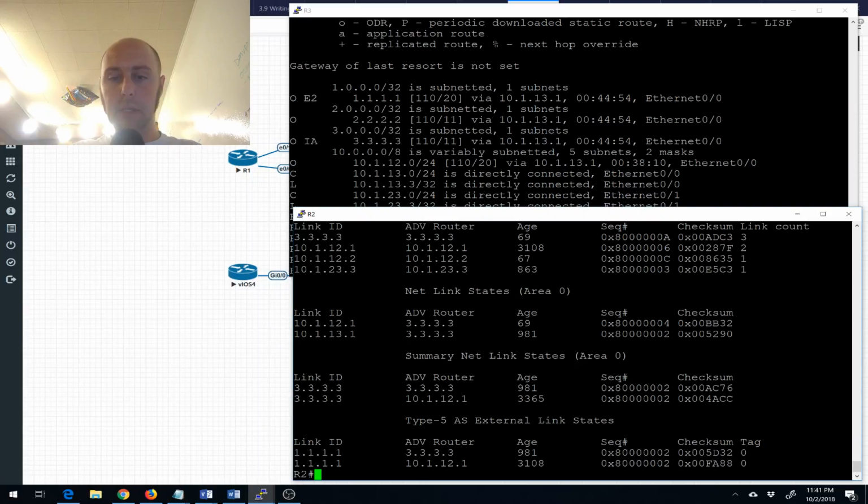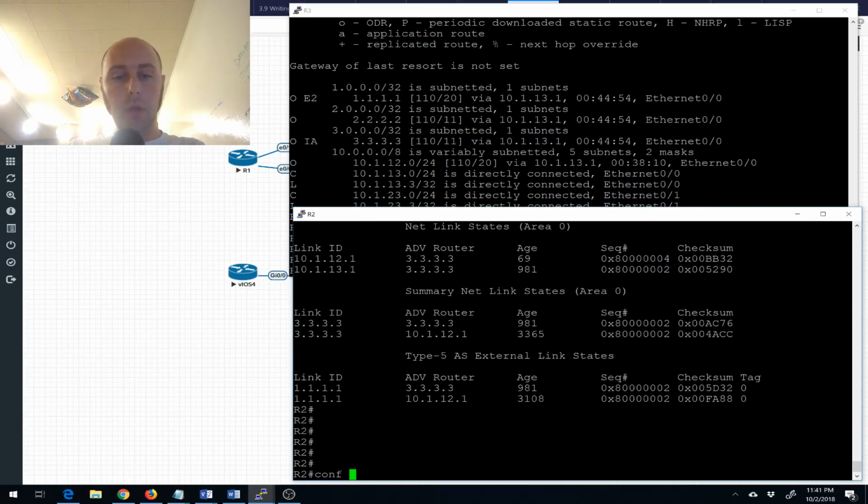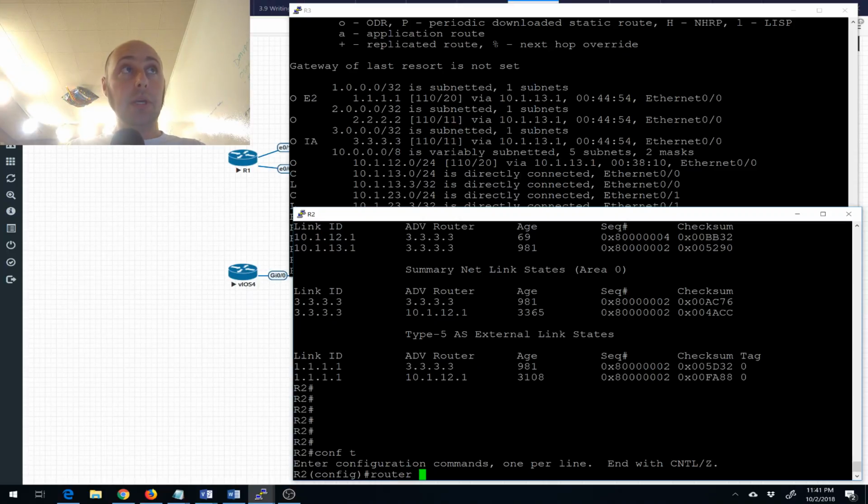But we should be seeing them from our OSPF neighbor. Okay. So I want to introduce the backdoor statement at the end of the network.